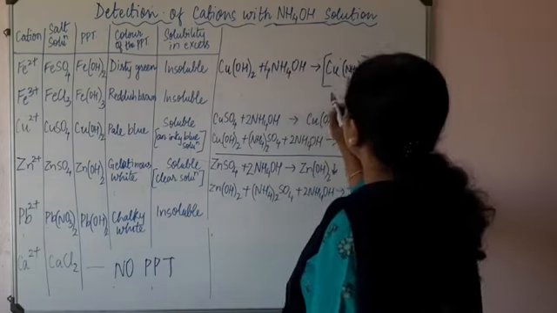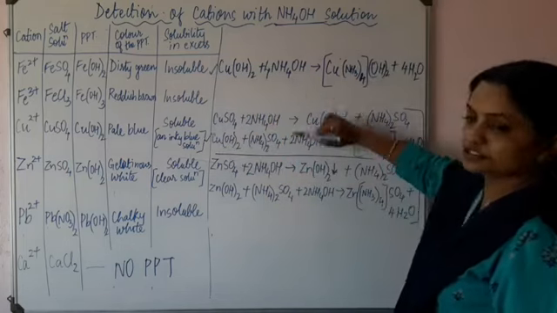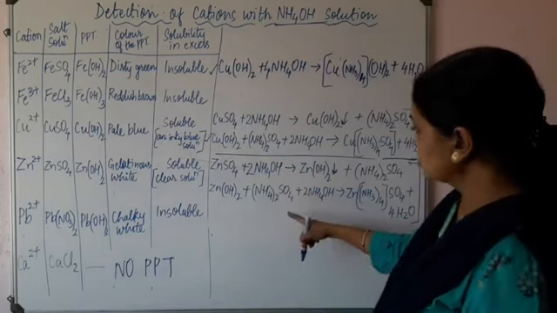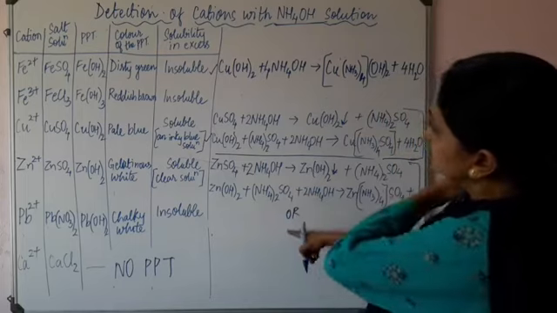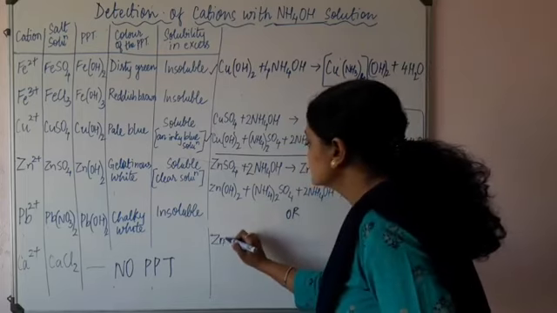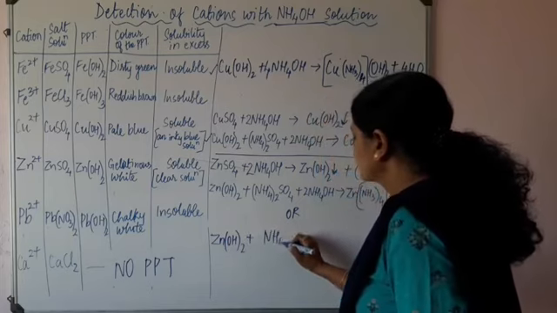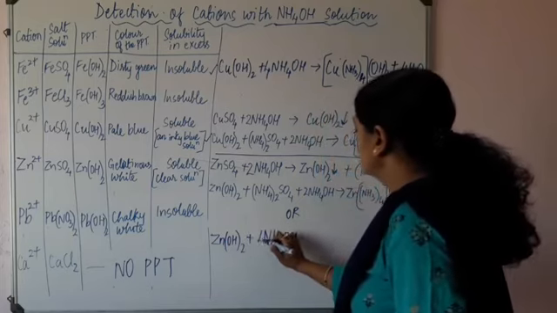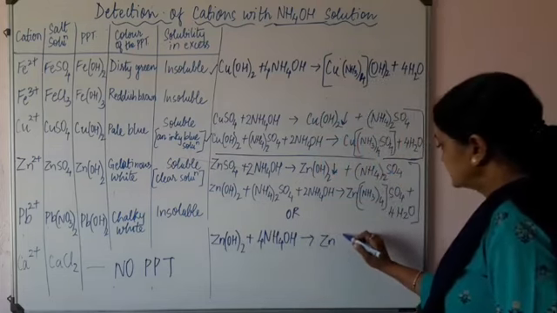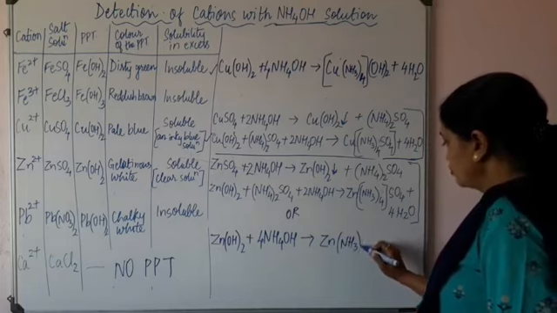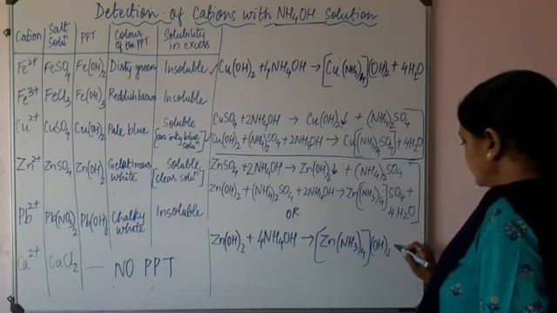So you can write either this reaction or you can write this reaction, any one reaction out of these two. And in this case also we can have the reaction in this manner, or instead of this we can write one more in this manner, that is zinc hydroxide when you are adding excess of NH4OH directly, then we will get tetraamine zinc hydroxide, ammonia 4 times, plus water.